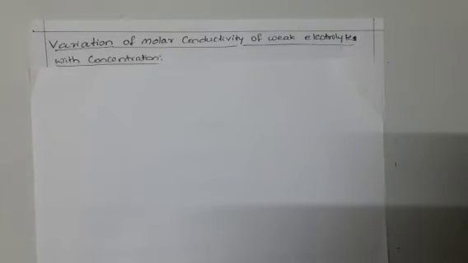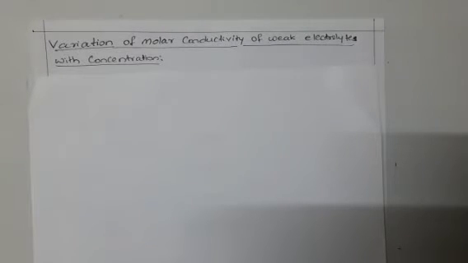So now we are going to take variation of molar conductivity of weak electrolyte with concentration. Today we discuss variation of molar conductivity of weak electrolyte with concentration. As I said, weak electrolyte does not completely dissociate.